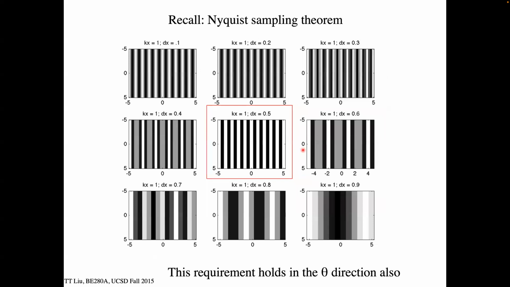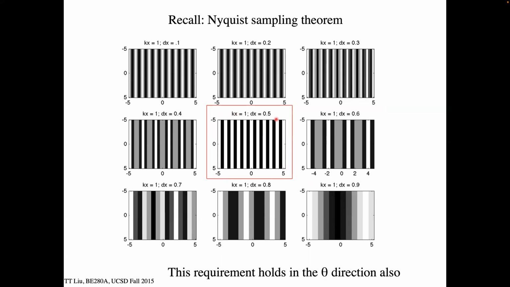Now remember, a few lectures ago, we looked at the Nyquist criteria for sampling along L, right? Where if we have a sine wave of a certain frequency and we want to make sure that frequency is included in our sampling, then we need to sample at twice the frequency, right?